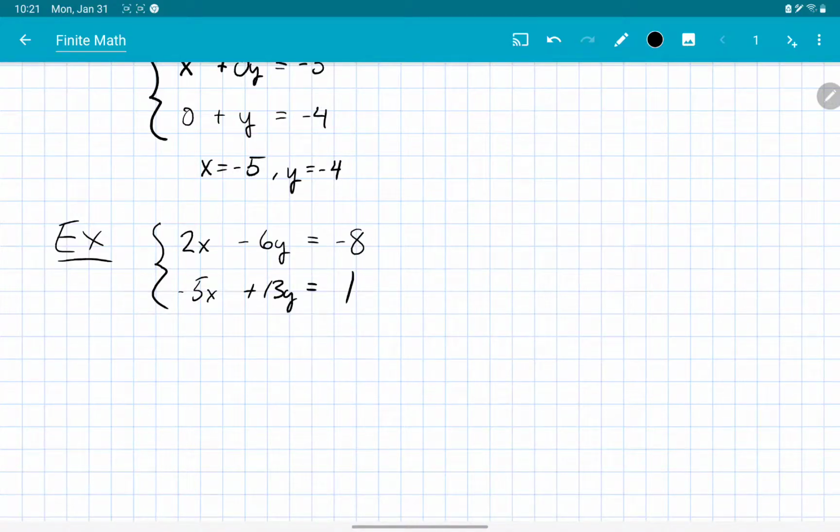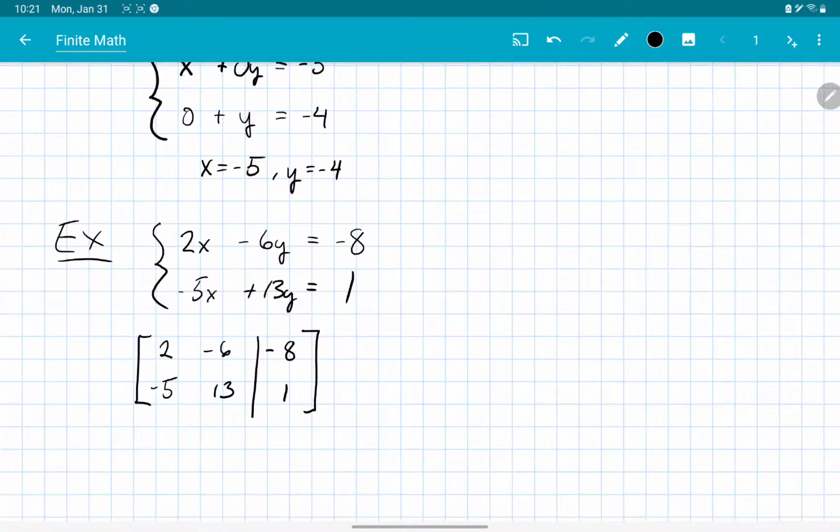that allows us to work quicker in terms of how long it takes us to write it down. I'm going to change this, instead of a pair of equations, to just be a matrix. 2, negative 6, a bar, negative 8, negative 5, 13, and 1. That bar is supposed to mean, those are the constants, not the variables.